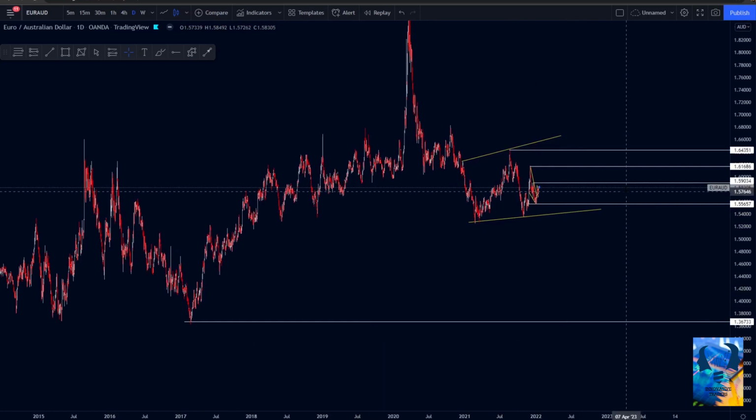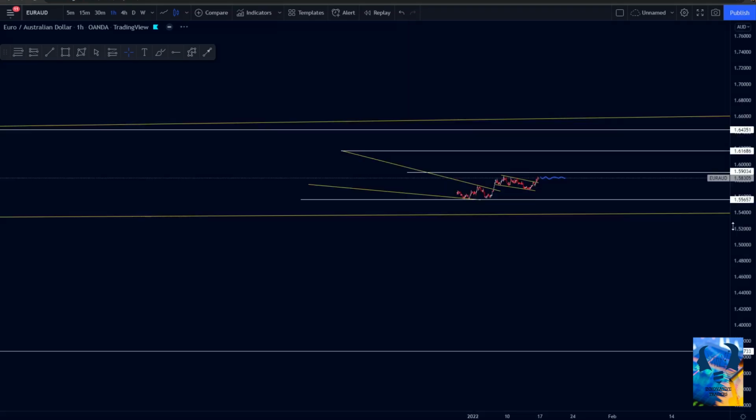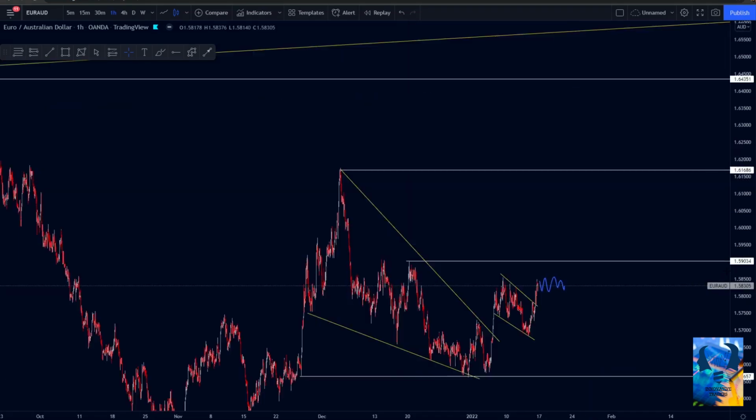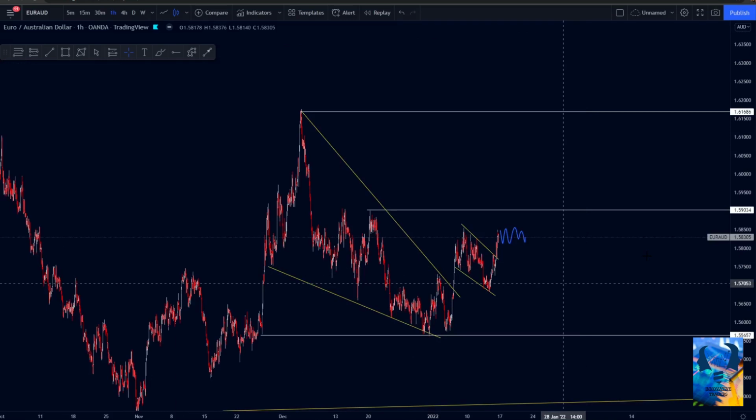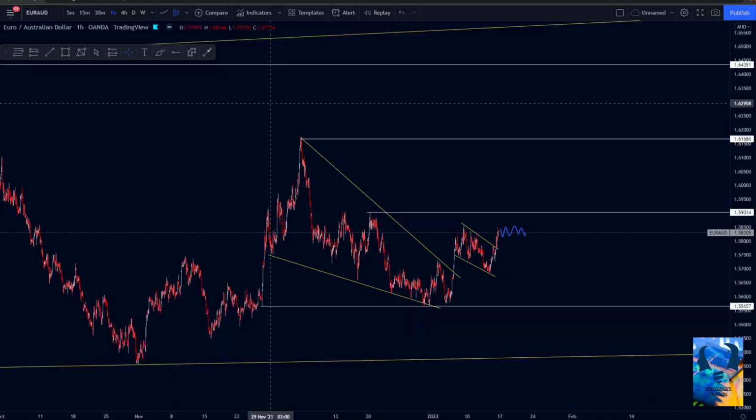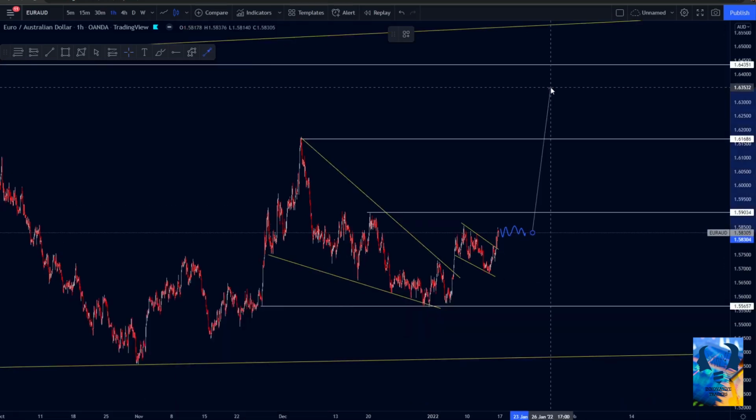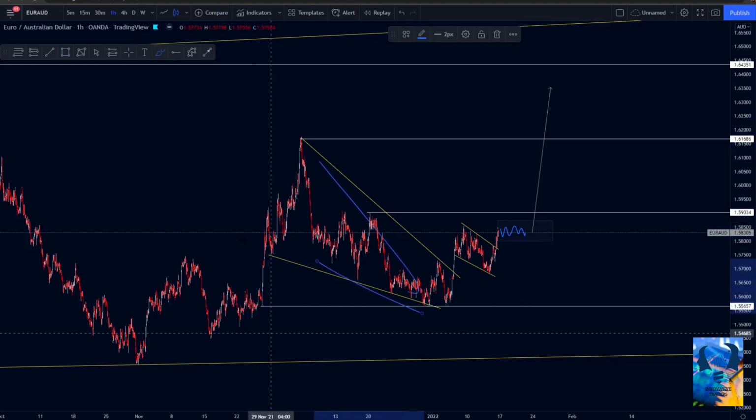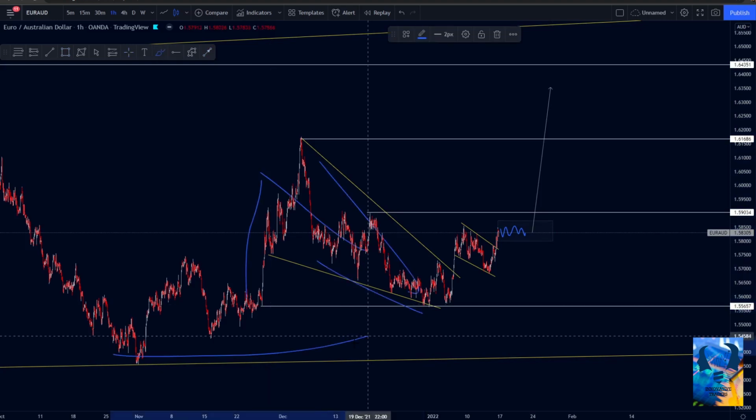So now that is it for Euro AUD. You're looking for a short term buy, accompanying price into our area of sell interest. We are accompanying price towards the upside after we get what we call a correction after breakout entry, respecting the wedge impulse correction, respecting an uptrend, that confluence.